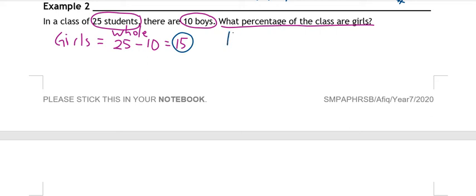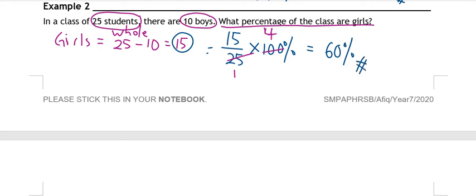So using this value of 15, you are making a percentage. 15 out of the whole class, which is 25, multiplied by 100%. Let me just do the shortcut: 100 divided by 25 is 4, and then 15 times 4 is 60%.